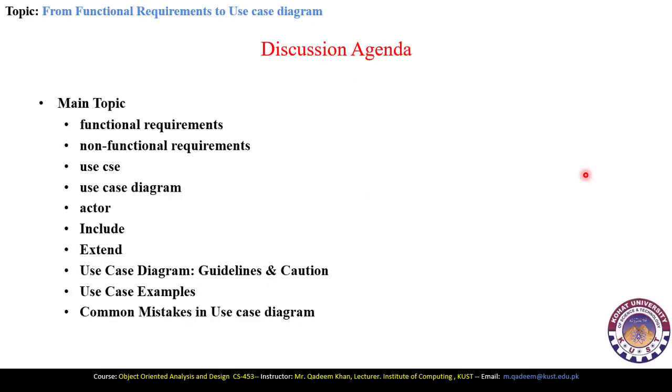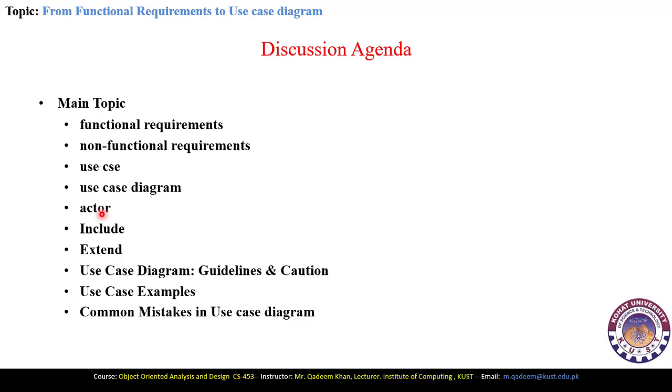This is the discussion agenda of the class. First, we have the functional requirements. Here, we will define what the functional requirements are, what the non-functional requirements are, and what the use cases are. Here, we will provide you different examples of the use cases. Then, what is the use case diagram?